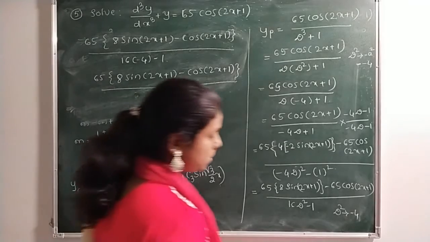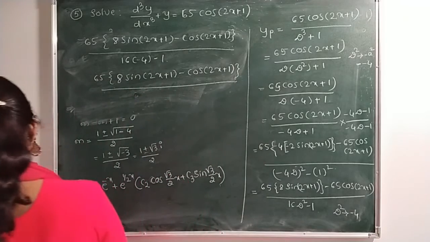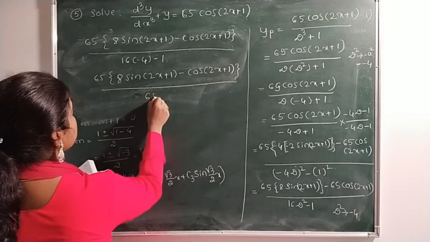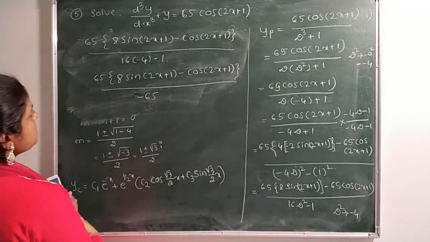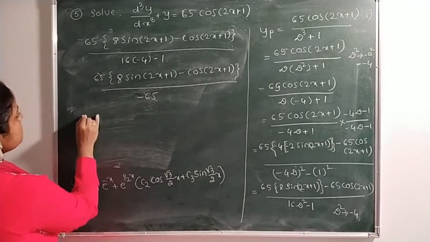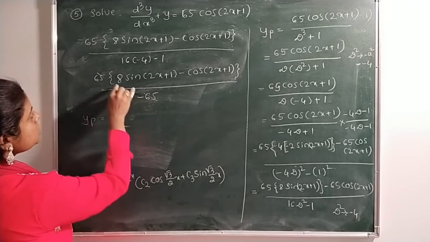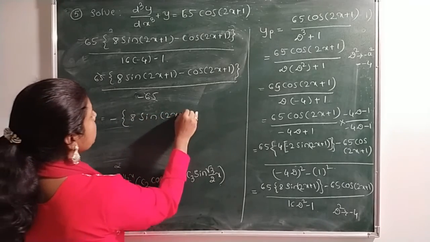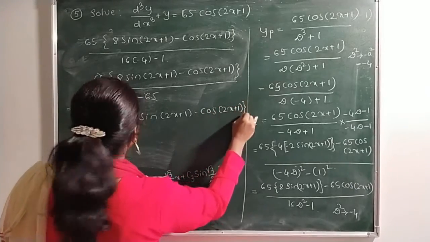Now the value becomes 16 into 4, minus 1 is 65, the minus 65. Again this gets cancelled. The yp becomes, the minus we can take here, 8 sin 2x plus 1 minus cos 2x plus 1.